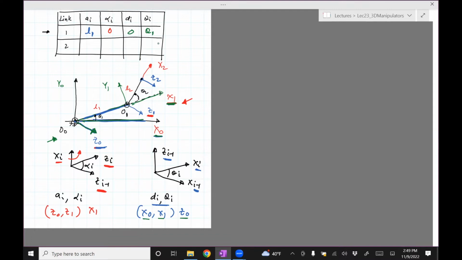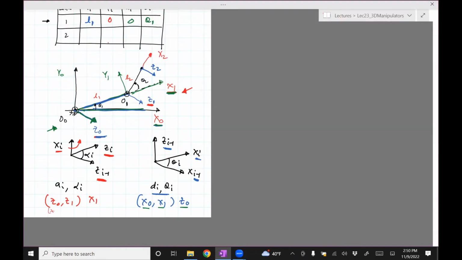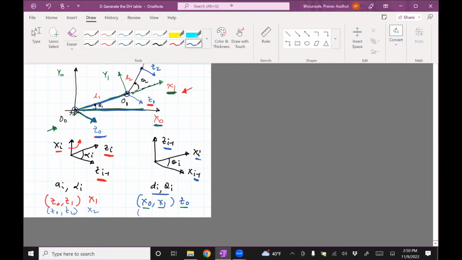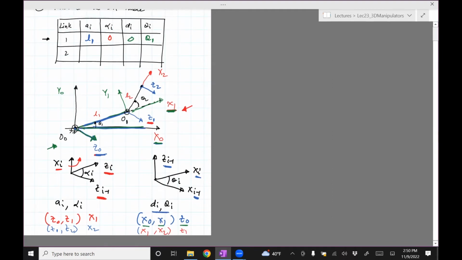Okay, and the good thing about this manipulator is that whatever I just described, the same rationale will go when you put i equals 2. You'll basically do Z1, Z2 about X2, and then X1, X2 about Z1. It's essentially the same reasoning because Z1 and Z2 have the same relation as Z0 and Z1.